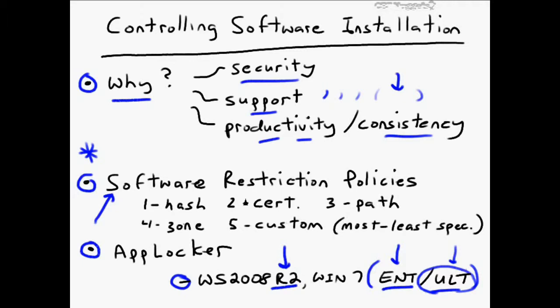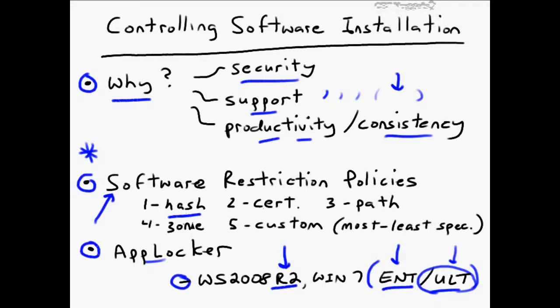Little bit on software restriction. We're not going to spend a lot of time on this. We're going to do AppLocker. But if you've ever used software restriction policies, they're deployed via group policy, as is AppLocker, and it uses specific rule types to block or allow certain types of applications. Of course, those apps are of your choosing. And the rules that group policy uses to detect that software on the user's computer are as follows.